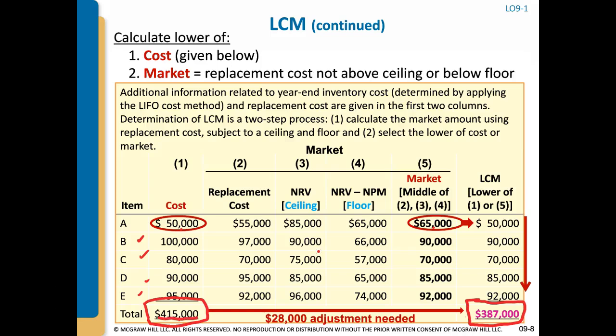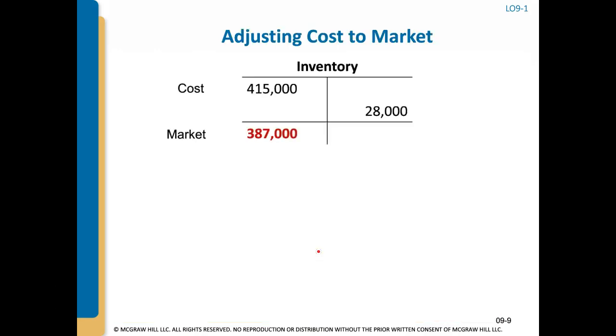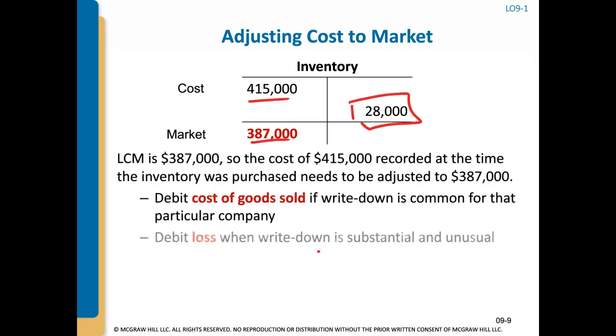Currently, my inventory on my balance sheet is 415,000, and I need to reduce it to 387. So I have a $28,000 adjustment needed. I need to reduce my inventory by $28,000 because right now it's at 415 and it should be 387,000.